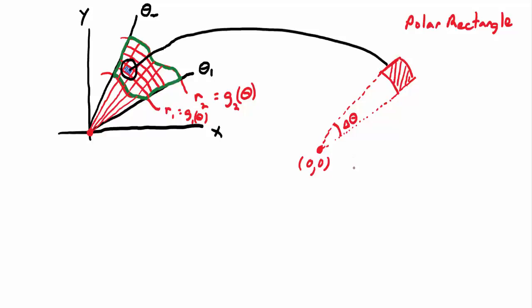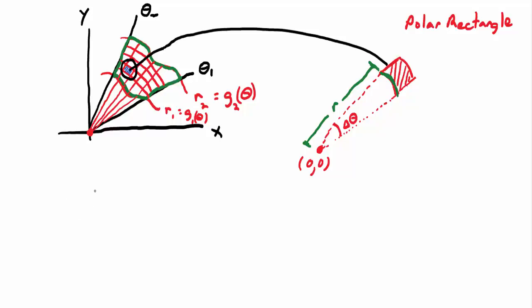A change in theta. And since this is an arc length, if we call the distance from the origin to, say, this bottom arc, r, I think we could use a familiar formula to get the length of this arc. In fact, does anybody remember the arc length formula?